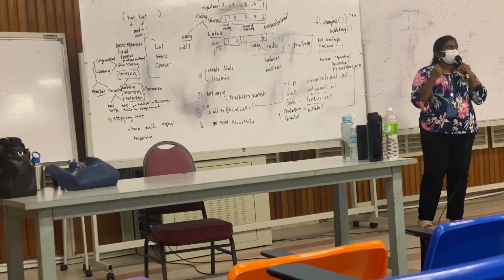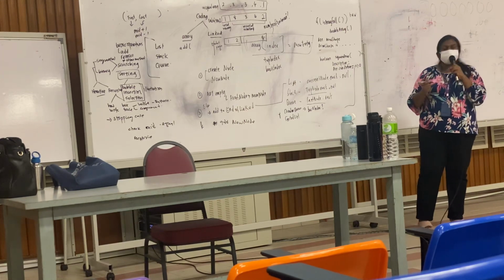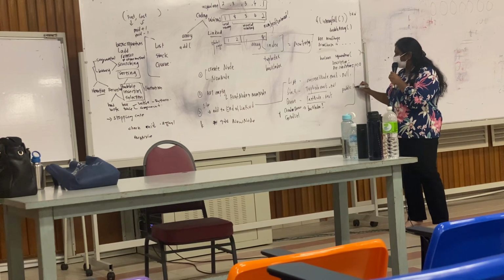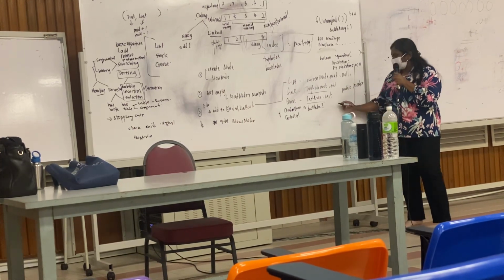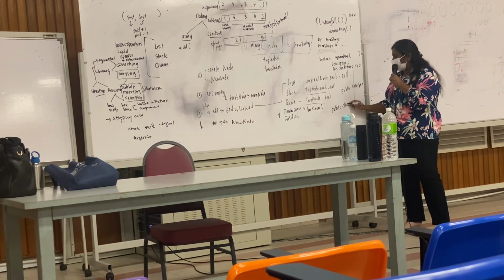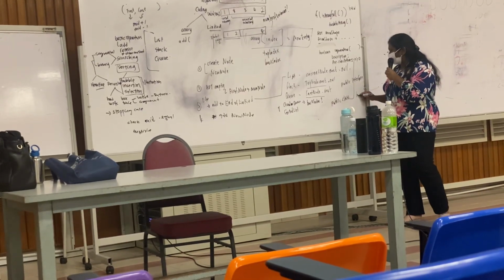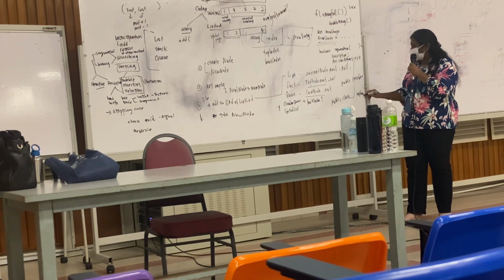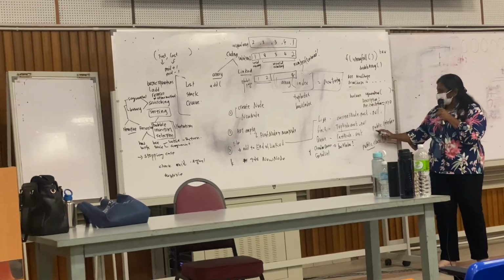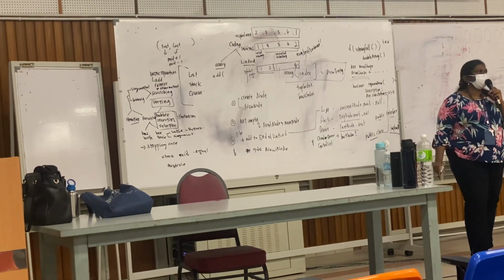And when you write your interface, the keyword is important. So public interface is important. For implementation, public class and then implements is important. These are the keywords you have to make sure you follow.